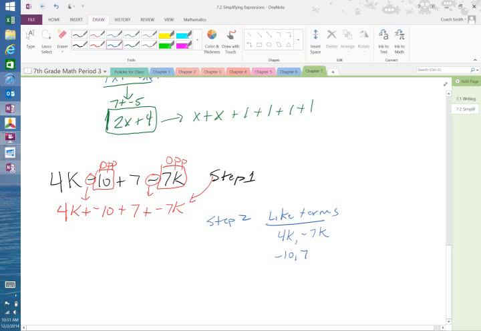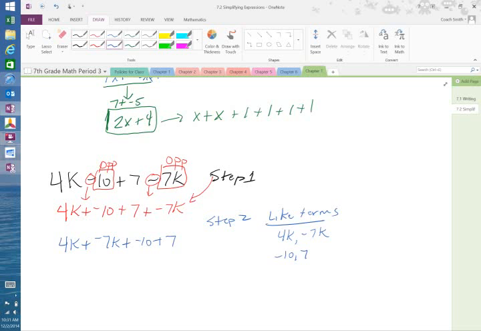So I want to rearrange this problem where 4k and negative 7k are close together, negative 10 and 7 are close together. So when I do that, I get 4k plus negative 7k plus negative 10 plus 7. So that's step 2. Rearranging it using the commutative property where the like terms are closer together.